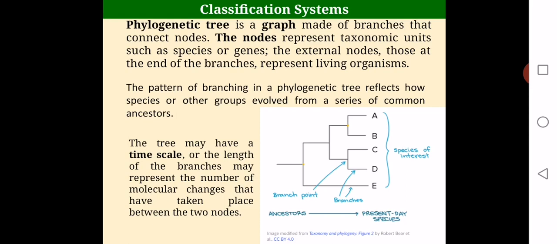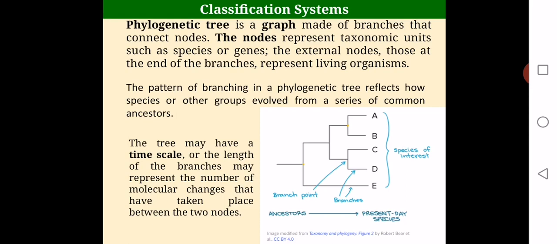Usually we will be studying a present day organism, and that will be at the very end of the branch, and from that organism we look back into the ancestors. This will give you an idea about how a species or a particular organism or group evolved from a series of common ancestors.